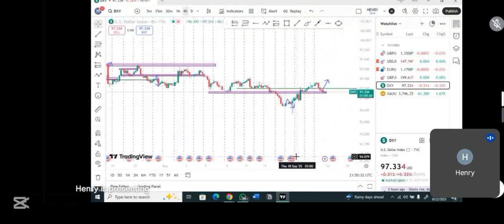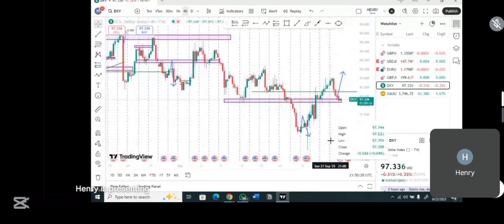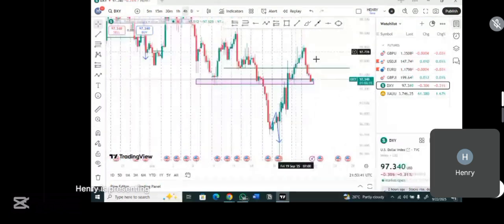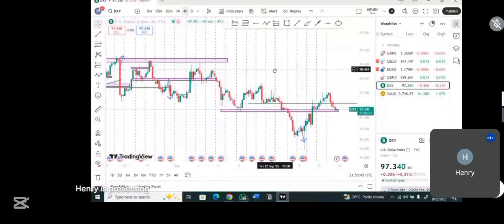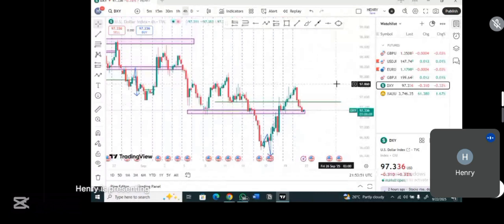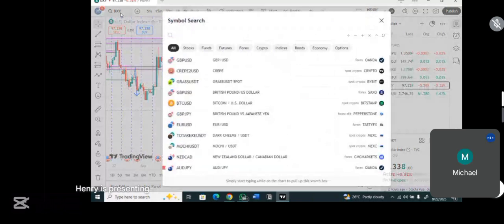Current trend is what? Downtrend. So we use DXY to show what is currently happening on the dollar, whether the dollar is rising or falling. You get it?